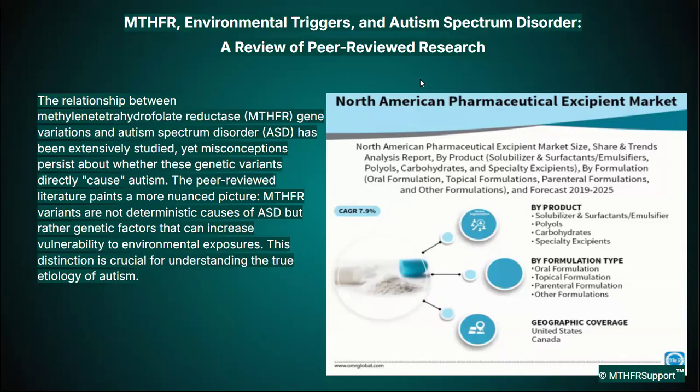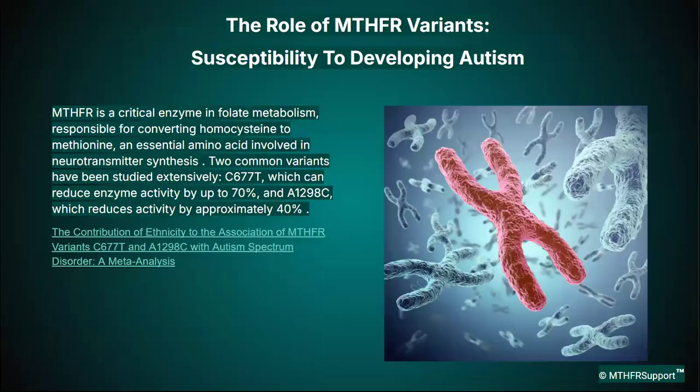The peer-reviewed literature paints a more nuanced picture. MTHFR variants are not deterministic causes of ASD, but rather genetic factors that can increase vulnerability to environmental exposures. This distinction is crucial for understanding the true etiology of autism.